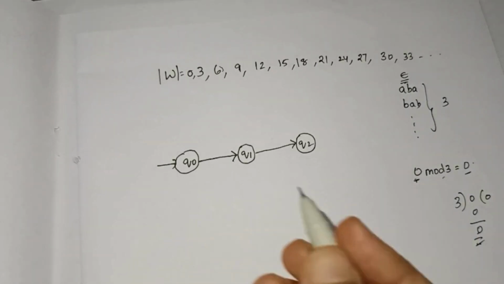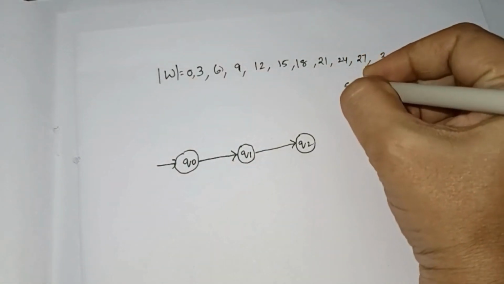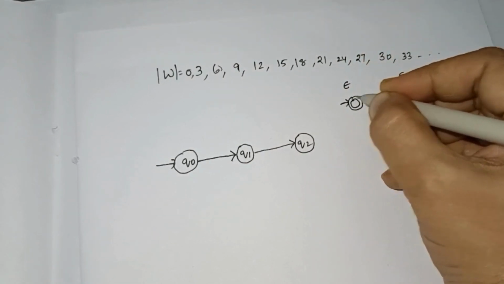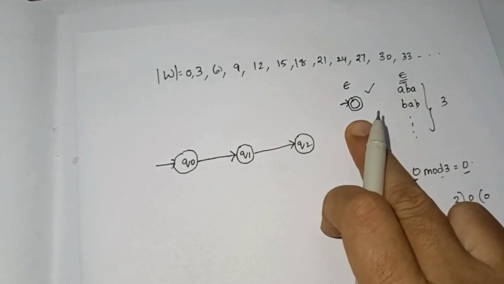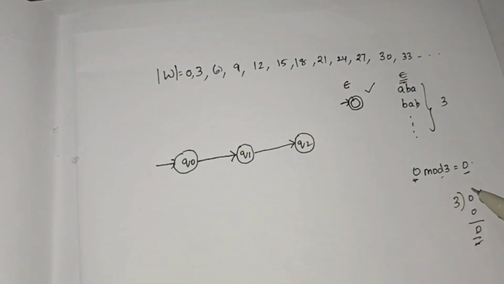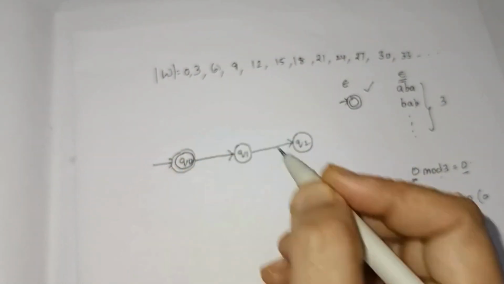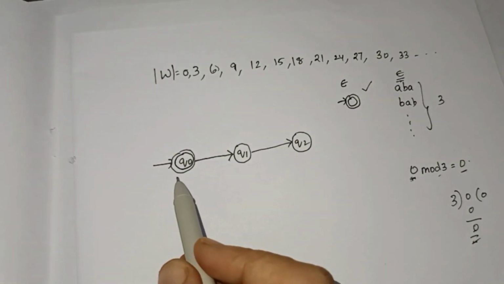Generally epsilon means our DFA shouldn't accept anything, but if epsilon is a string, then the initial state itself becomes the final state. So this is the DFA for the string epsilon. Our DFA should accept epsilon also because the length of the string is 0. In that case, the initial state becomes the final state. By this, we can tell that epsilon is accepted.